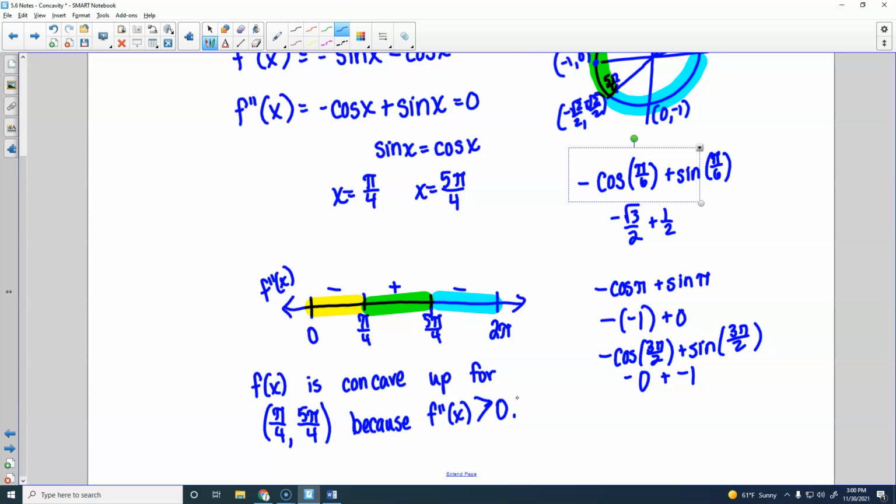We don't have to do concave down on this because it only asks for concave up.